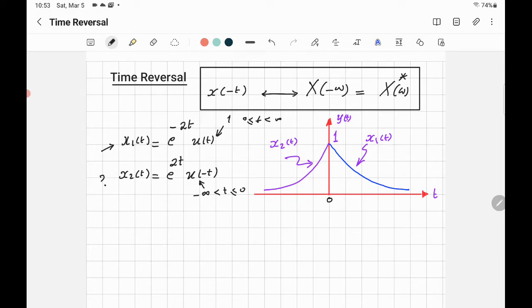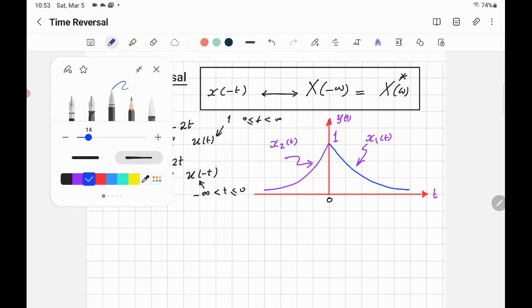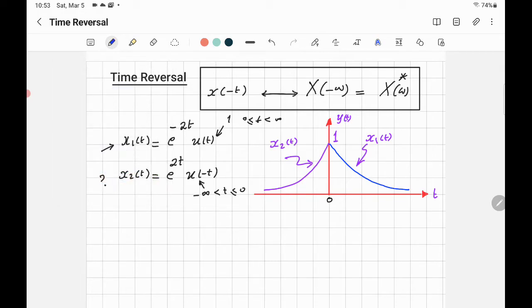Well, let me refresh your memory. If you go to the table, you'll find this formula for the exponential function: e to the minus bt u of t will have a Fourier transform equal to 1 over j omega plus b, and the condition is that b should be a positive number.